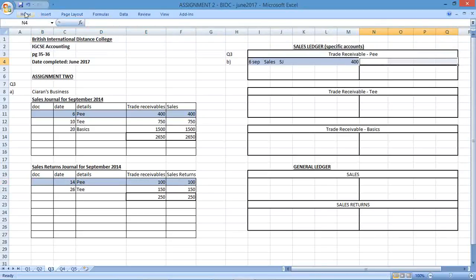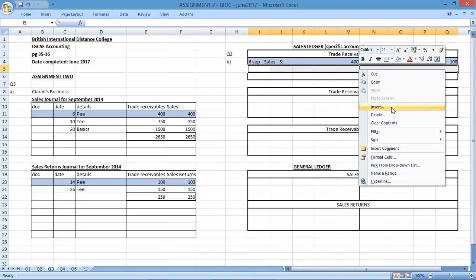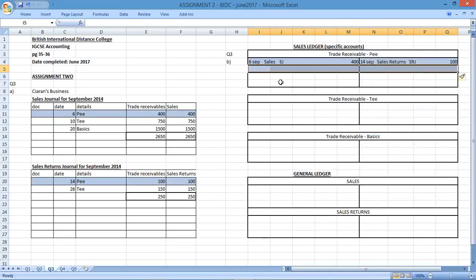So what does a return do to their account? It decreases the account because they won't owe you more, they'll owe you less because they've returned some of the goods. So on the 14th of September, sales returns from the sales returns journal, and we'll show 100 here. Then we need to balance this account because we do have amounts on both sides of the account. So how am I going to balance this account?